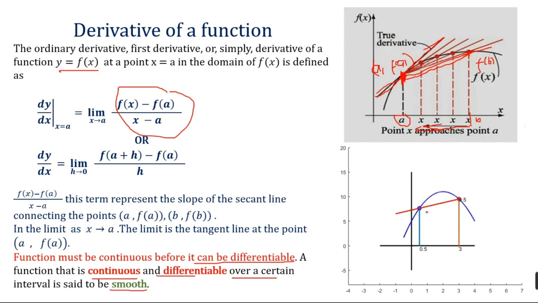So we see this definition with the help of a graph. As x approaches a, the secant line becomes the tangent line, and the derivative of the function is equal to the slope of the tangent line.